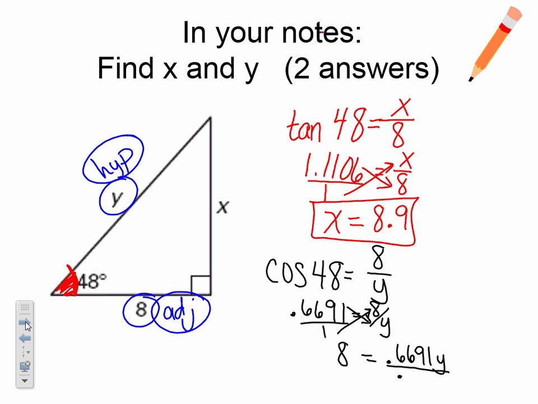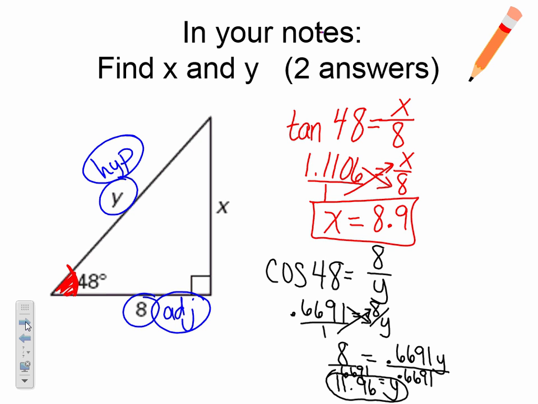I have to do one more step here. I'll have to divide by that funny decimal to get the y alone, and I'd end up with 8 divided by 0.6691, which gives me a value for y of about 11.96, or if I had to round to the nearest tenth, I'd call it 12.0. Okay, so that's my y value, and there's my x value.